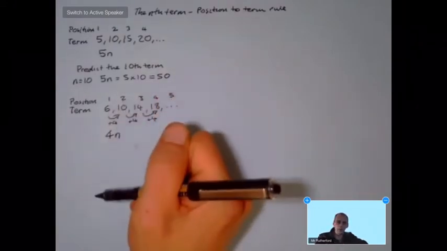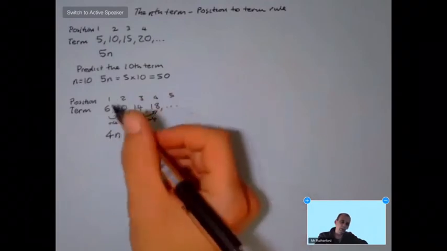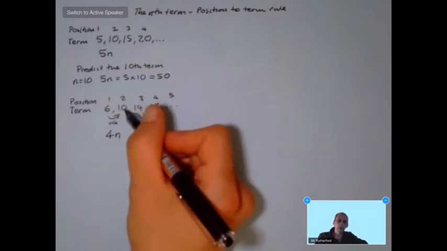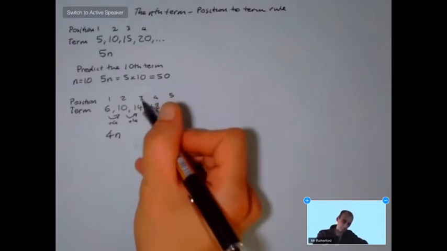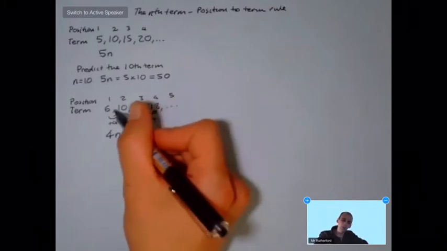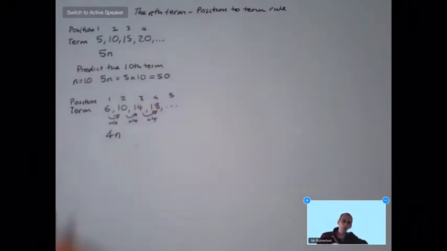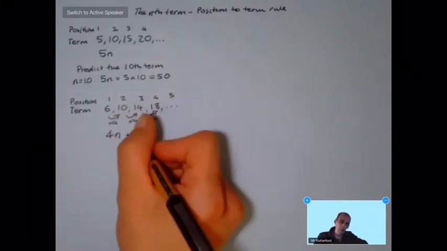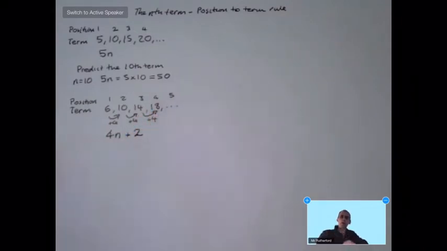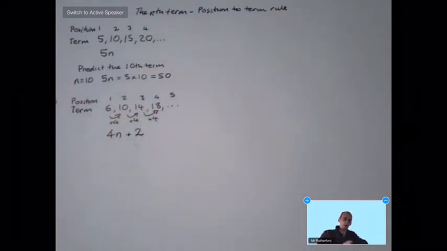The second number in the 4 times table is 8. 4 times 2 is 8, not 10. 4 times 3 is 12, not 14. But all of these numbers are 2 more than the 4 times table. So it's 4n plus 2.